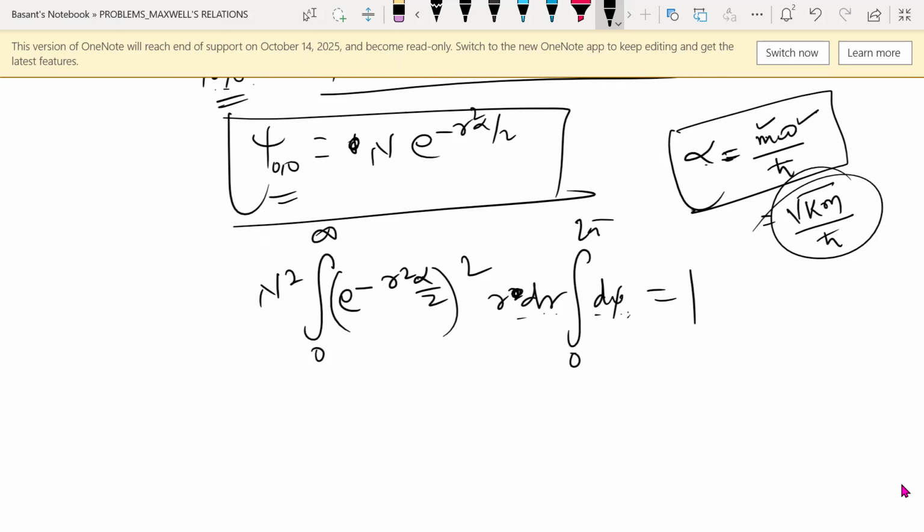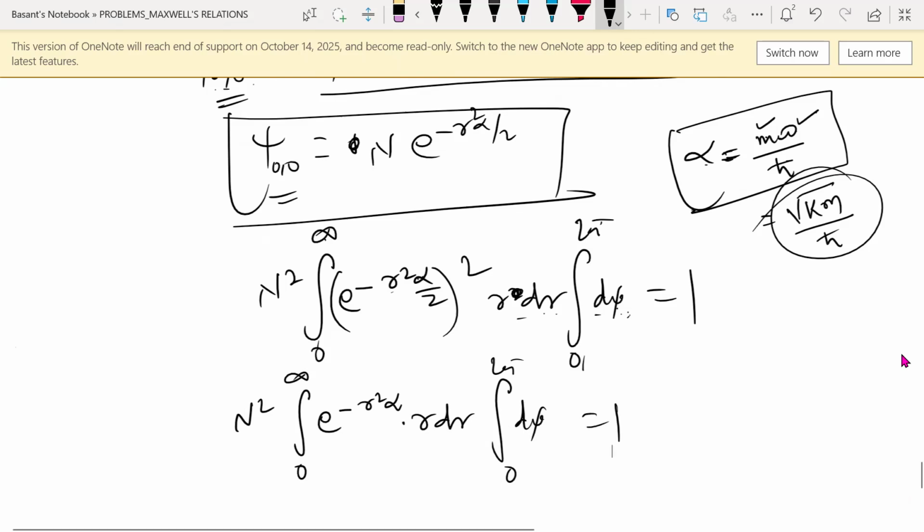So here alpha is constant, and r is the radial vector that goes from 0 to infinity, and phi goes from 0 to 2 pi. Now, this is the integral from 0 to infinity of e to the power minus r square alpha, and this is r dr, and d phi from 0 to 2 pi is equal to 1.